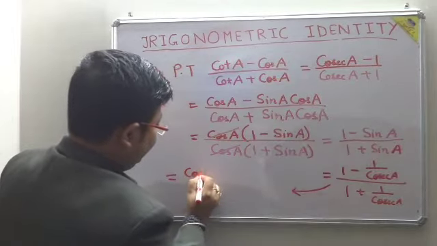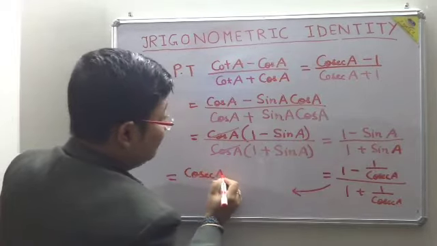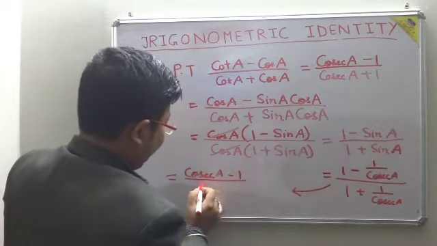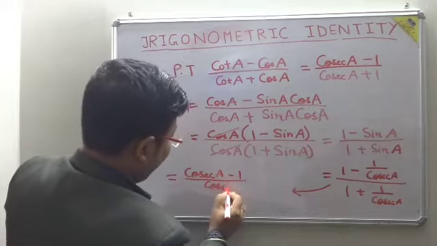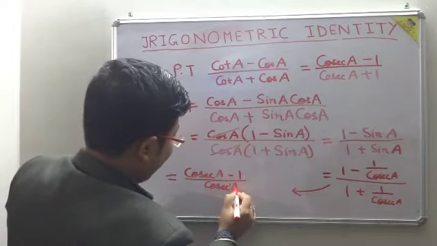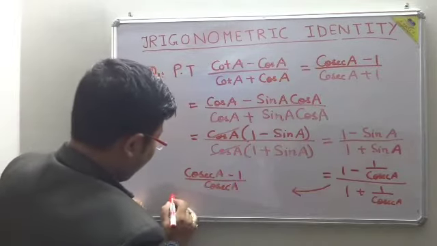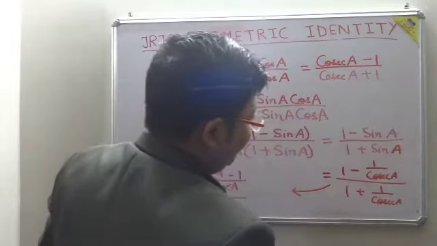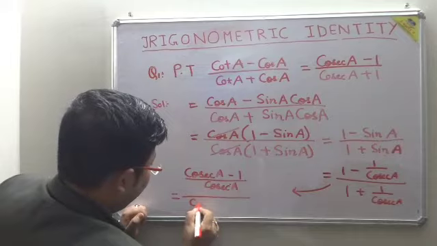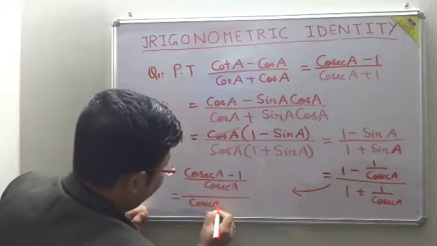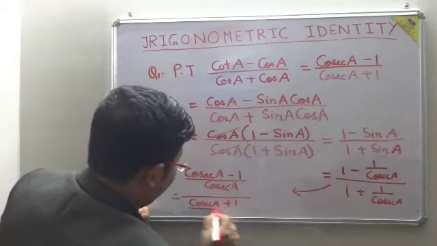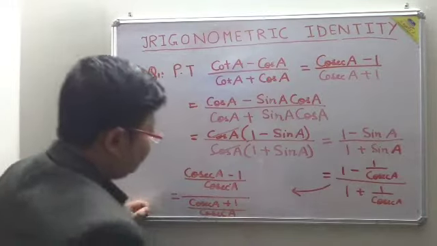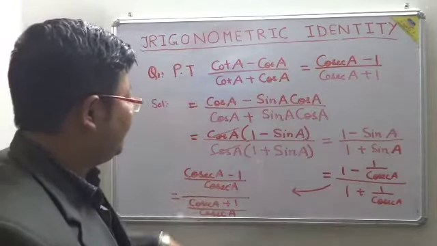Cosec A minus 1 divided by cosec A, and here in the denominator you will get cosec A plus 1 divided by cosec A. So cosec A and cosec A will cancel out.